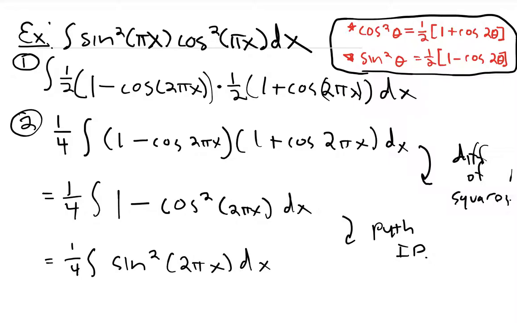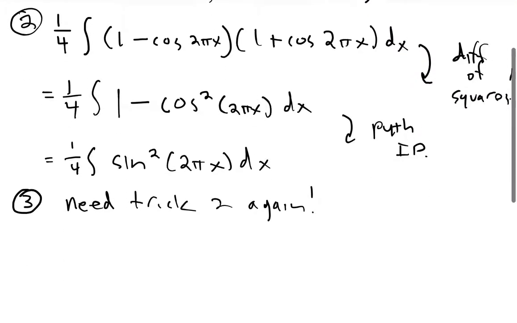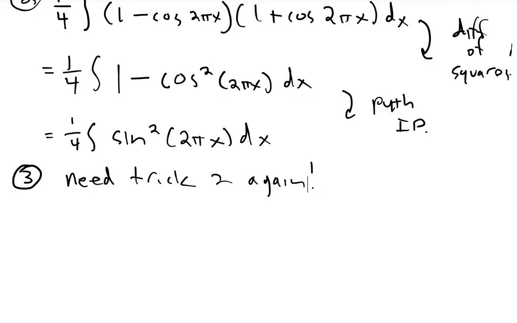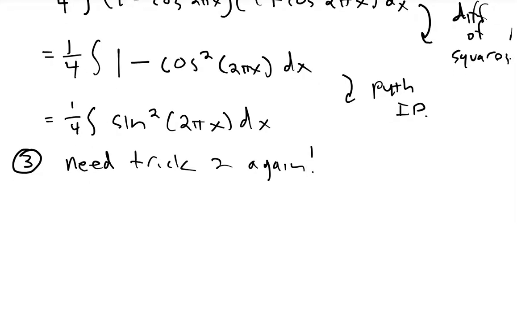And now that I've got the sine squared term, I'll make the observation that we basically need this trick again, right? We have still got a square trig term in our integral. So from scratch, I'm basically going to have to apply this identity, right?